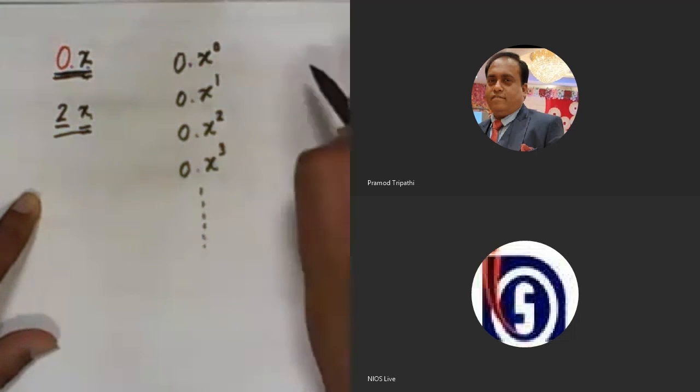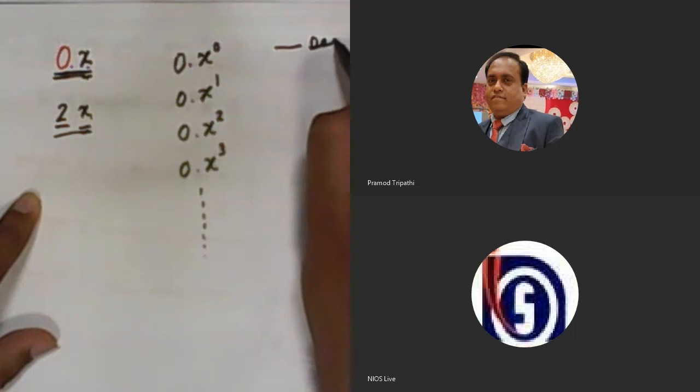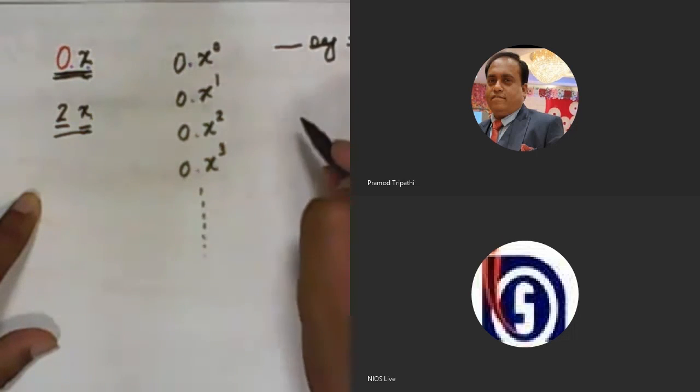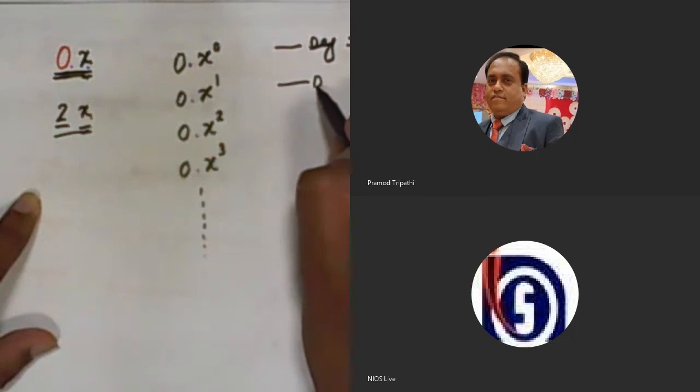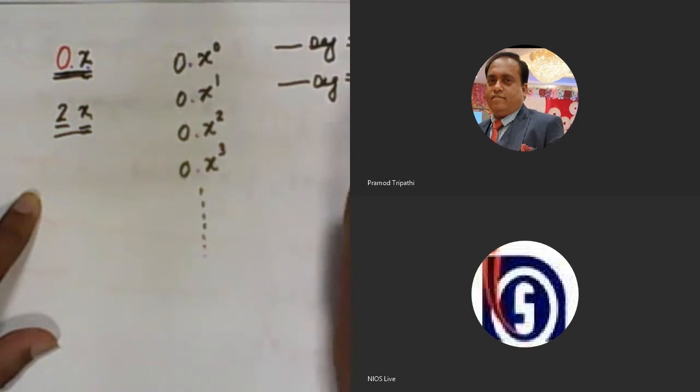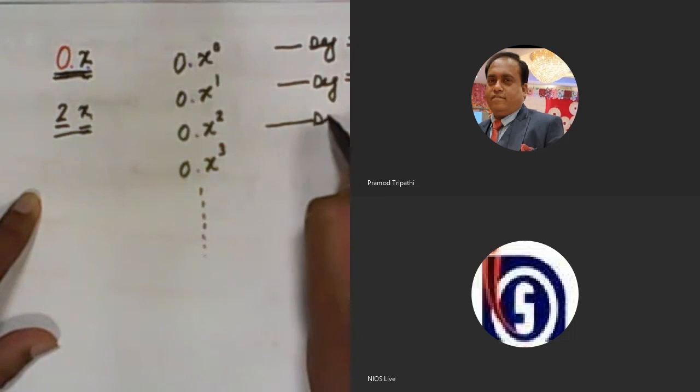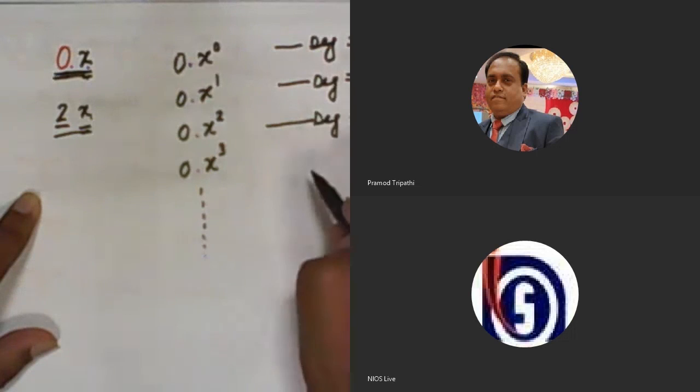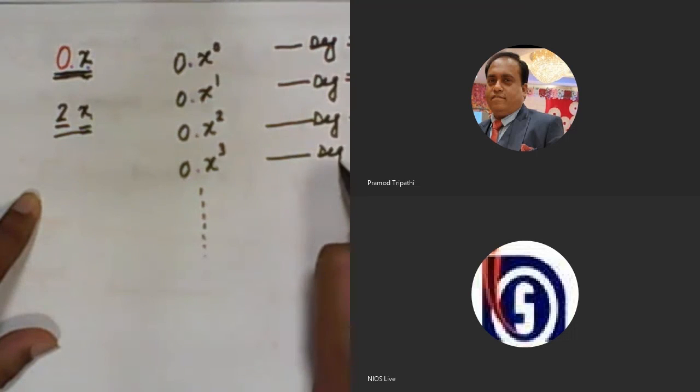What we see here: the degree is 0. In this case, the degree is 1. In this case, the degree is 2. In this case, the degree is 3.